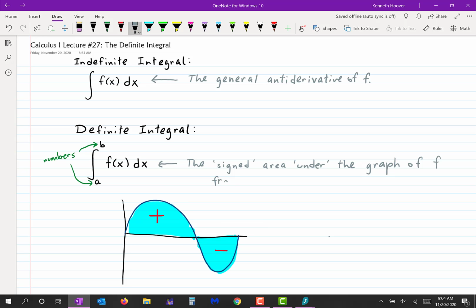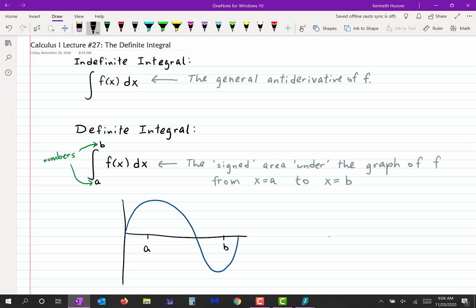From x equals a to x equals b. Okay, so in this case, let's just keep the same picture, but let's put here on the x-axis, let's put a here and b here.